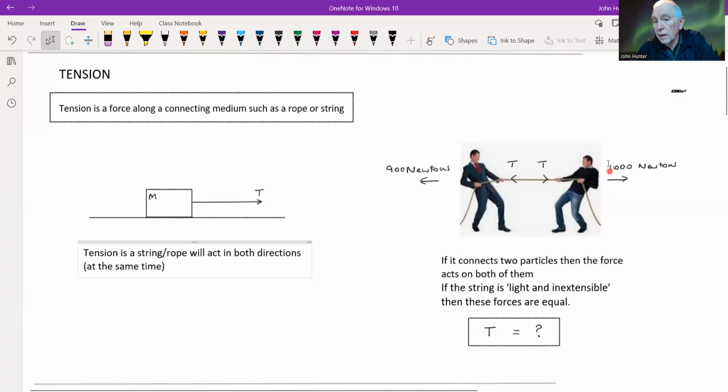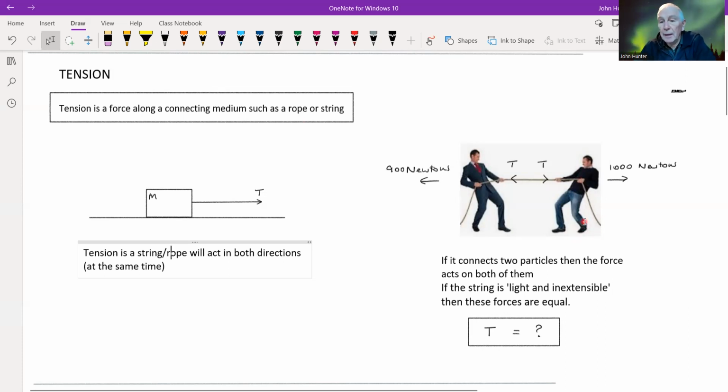So the net force on this guy is going to be 1,000 minus T newtons to the right, and this one's going to be 900 minus T to the left. So the guy on the right is going to win, isn't he?